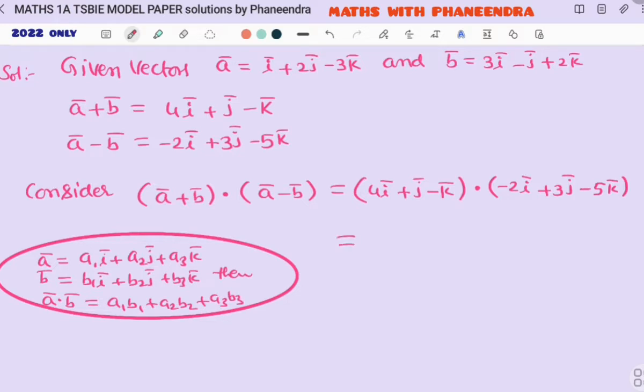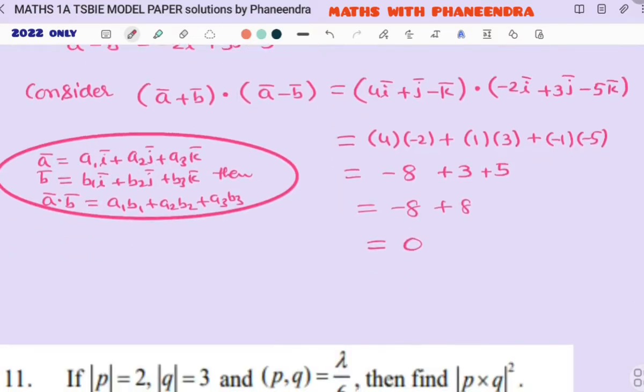So here also, 4 into minus 2 plus 1 into 3 plus minus 1 into minus 5. So minus 8 plus 3 minus 5. Sorry, plus 5. So minus 8 plus 8, 0 only.